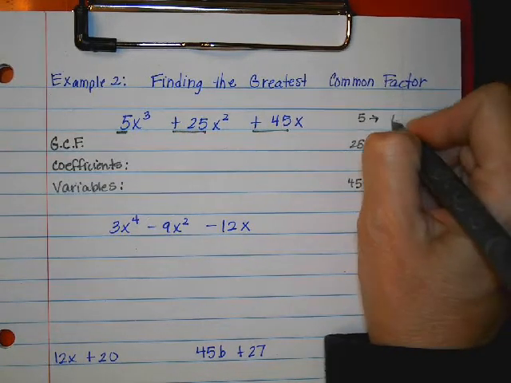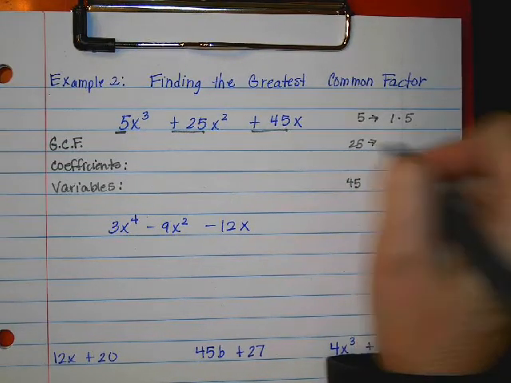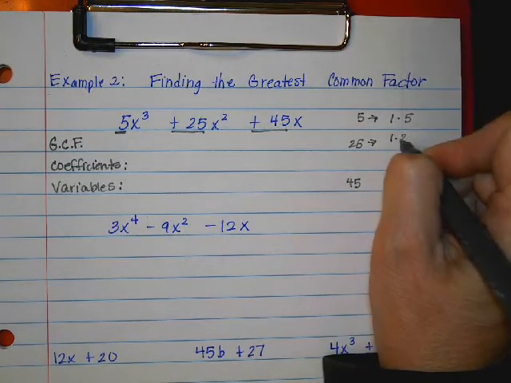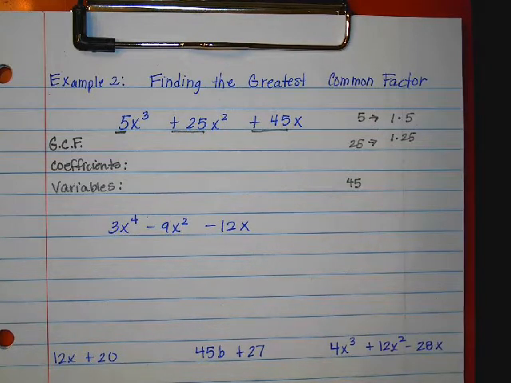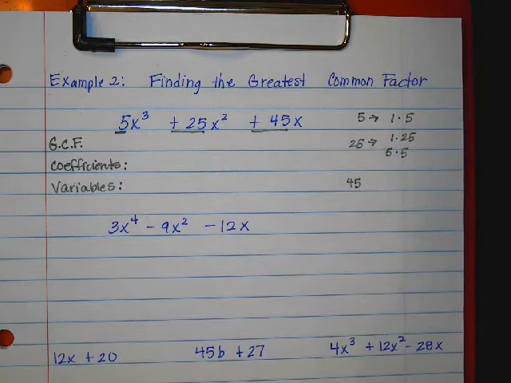Beautiful. 1 times 5. We know 1 times 5 is 5. That's not too bad. So we're going to ask ourselves, what can we multiply together to get 25? Well, we can multiply 1 times 25, and we can multiply 5 times 5 to get 25.